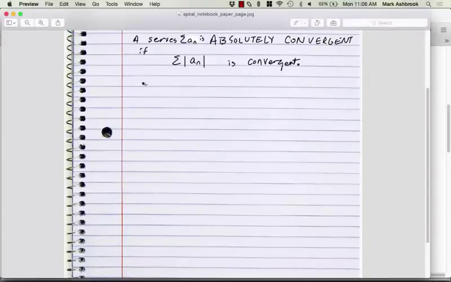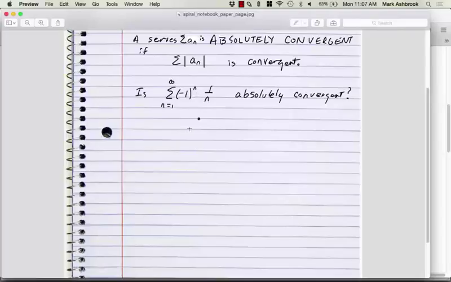Okay, so how about that? So the one we just looked at, is it absolutely convergent? No, because, yeah. So you take away the alternating.